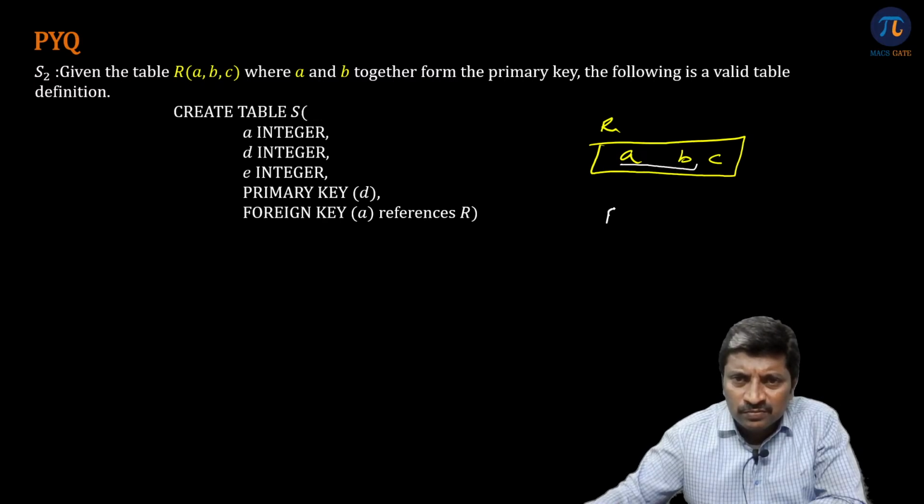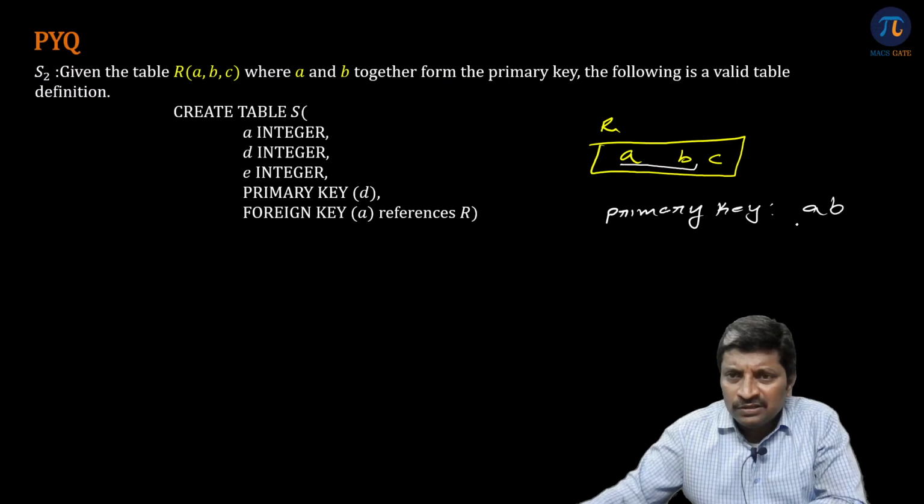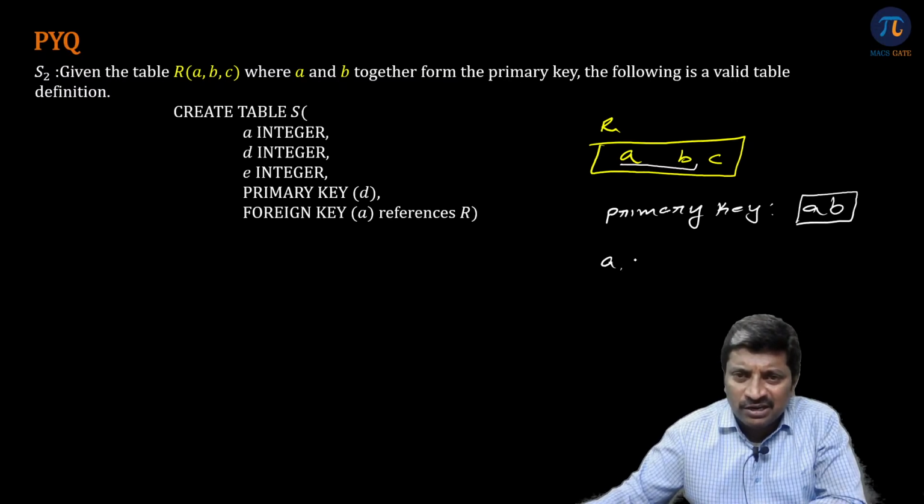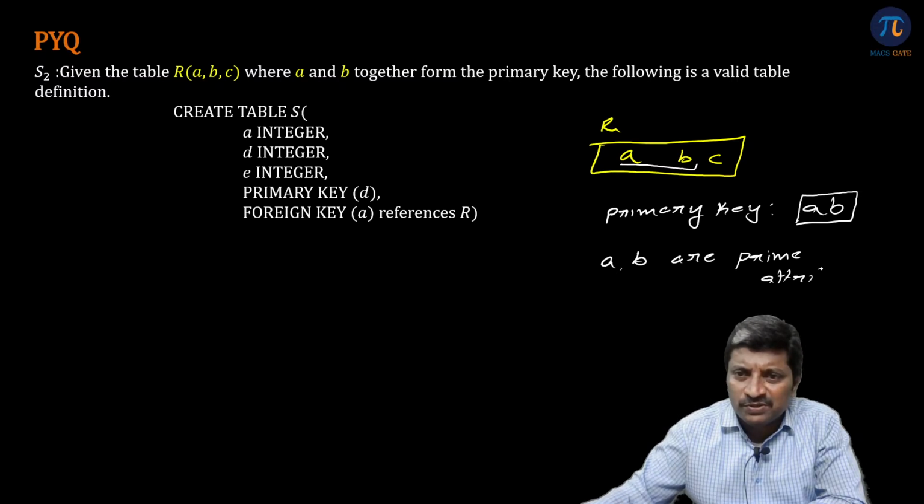So let me write it here, sir. Primary key is a combination, right? That means A comma B are prime attributes.